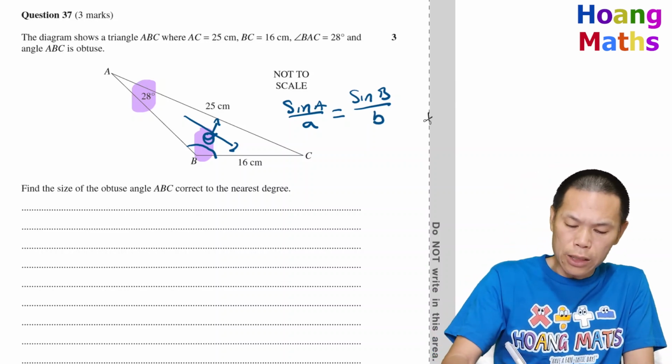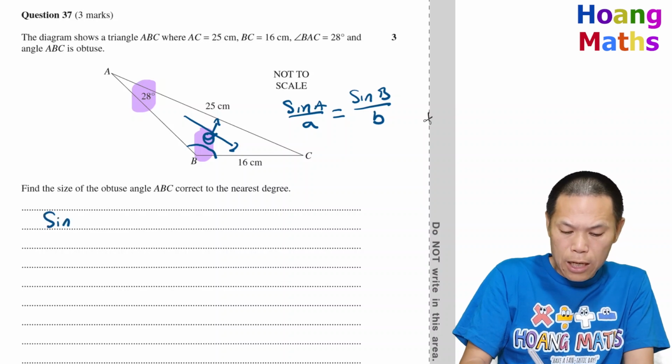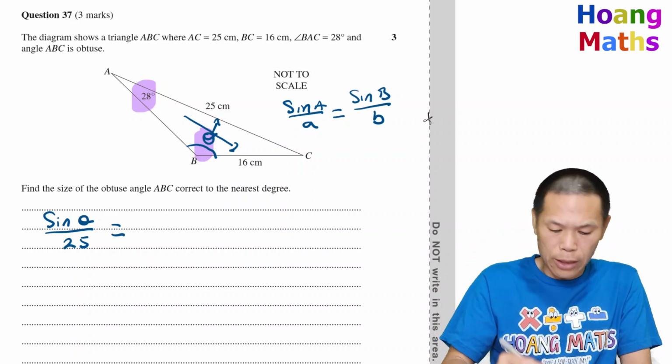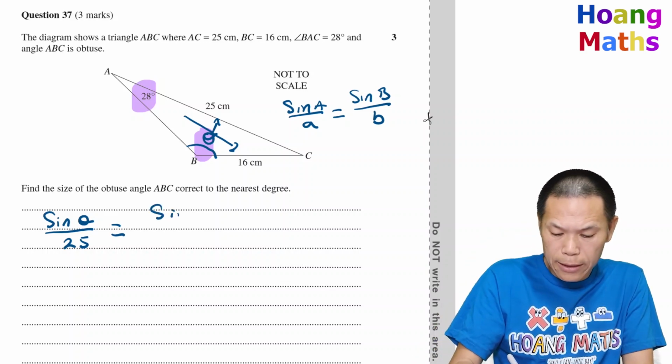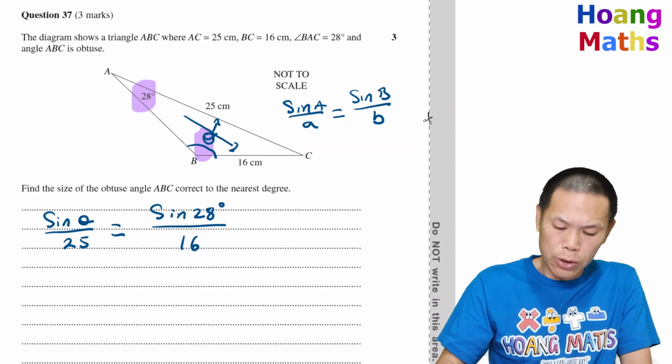Theta is opposite 25, so sine of theta over 25 equals sine of 28 degrees over 16.